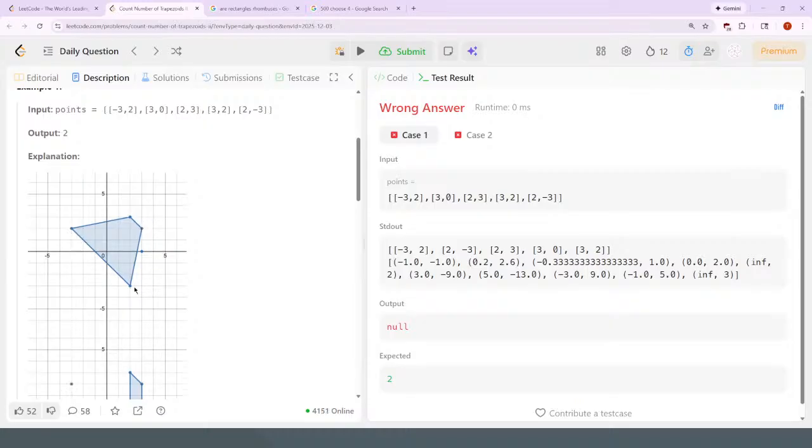So from here to here, it's going to be -1 slope, -1 intercept. And then from here to here, I think, is the next pair. So slope is 0.2, 1/5. Intercept is 2.6.